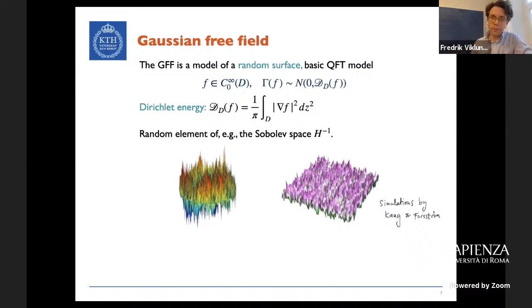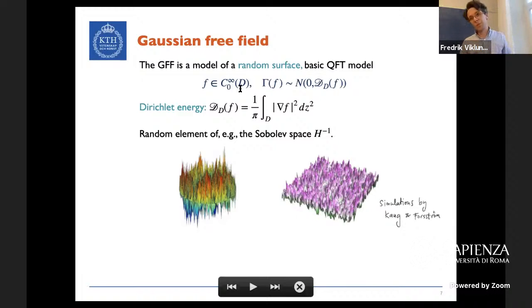So one way to think about it is that it's a bunch of Gaussian random variables indexed by test functions living in some domain D, such as the unit disk, let's say, and these Gaussian random variables have mean 0, and the variance is equal to the Dirichlet energy of this test function. Okay, so it's also possible to think about the GFF as being a random distribution, a random element in a Sobolev space, for instance, with negative index.